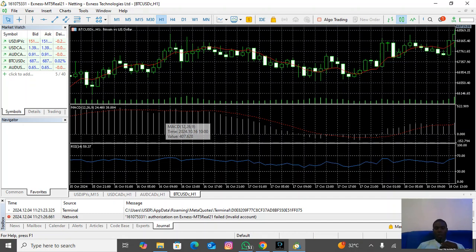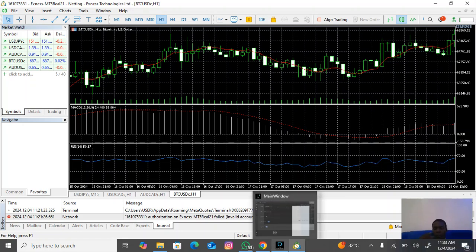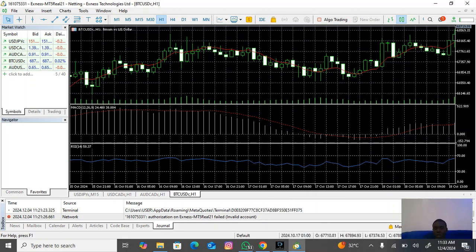Okay, so right now we are also having these indicators on TradingView, but I can't add them right now because I have the maximum indicators already on my TradingView. So for those that do not have a system, I believe most of you are using phones.